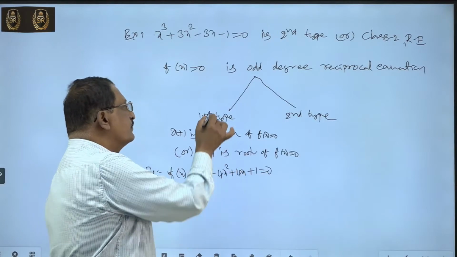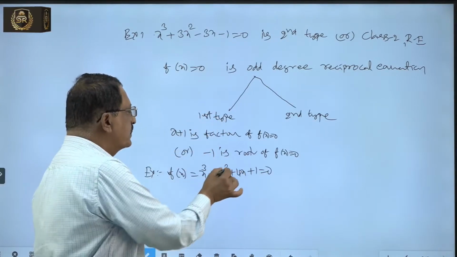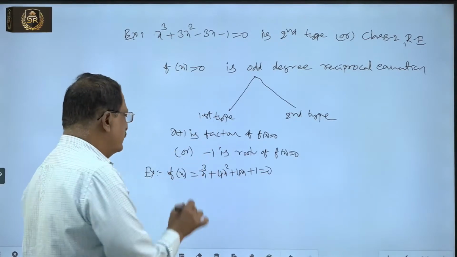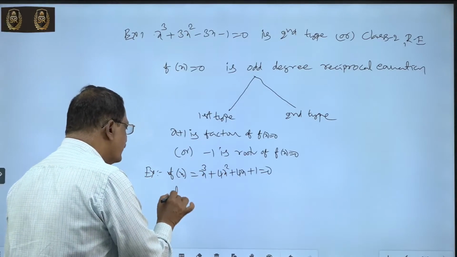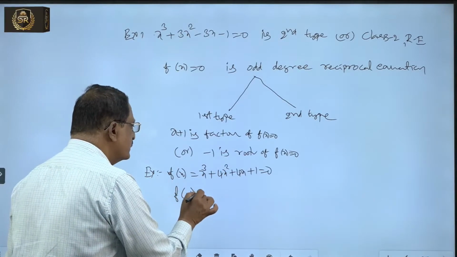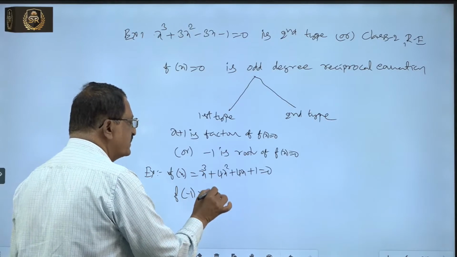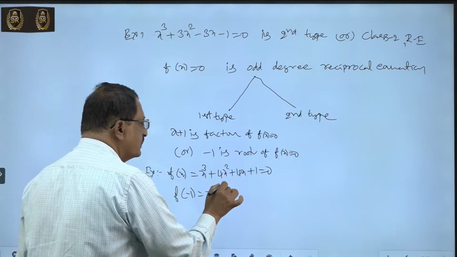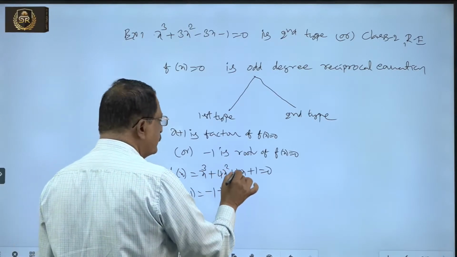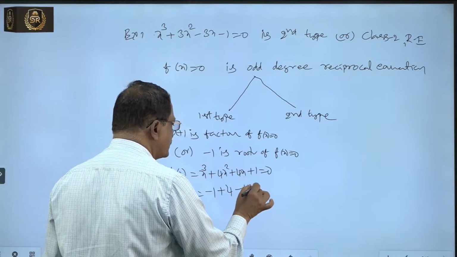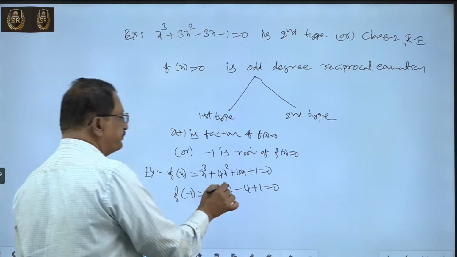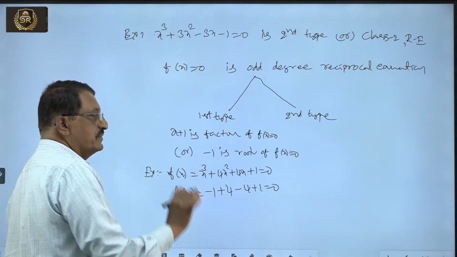Therefore it is a first type reciprocal equation. Now f of minus 1 equals minus 1 whole cube, minus 1, plus 4 into minus 1 whole square, 4, plus 4 into minus 1, minus 4, plus 1, that equals 0.